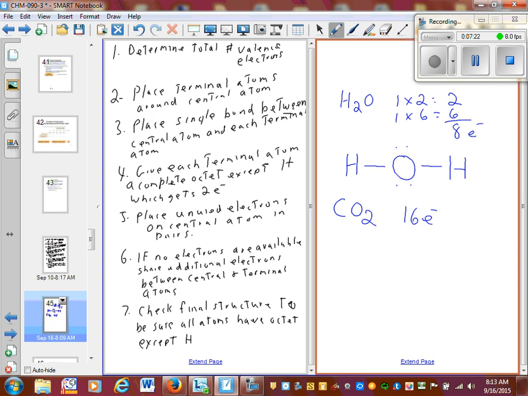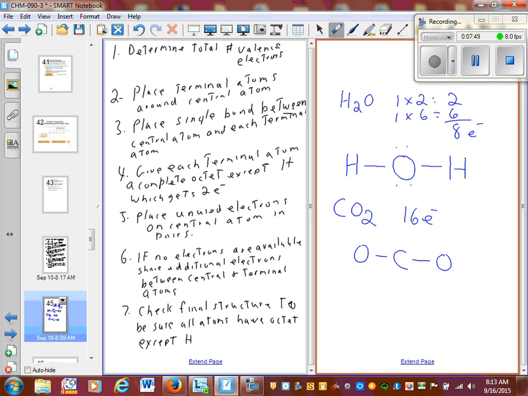Carbon, in this case, is the central atom. The least electronegative atom is the central atom. So we're going to put carbon in the middle, and oxygen at the terminus. What's the next step? Same bond. How many have I used? 4. What's the next step?